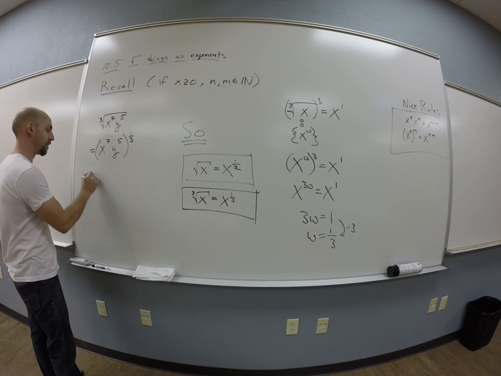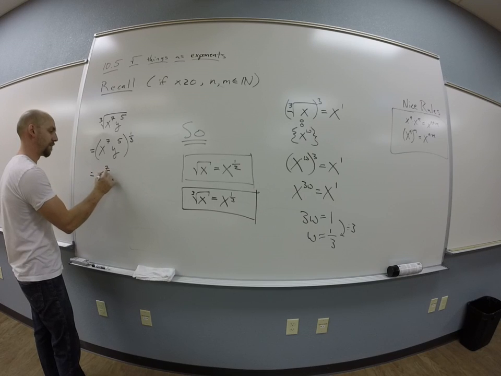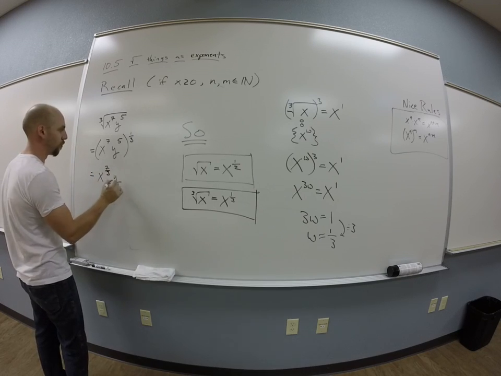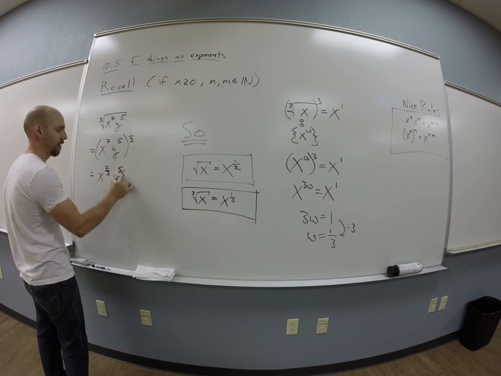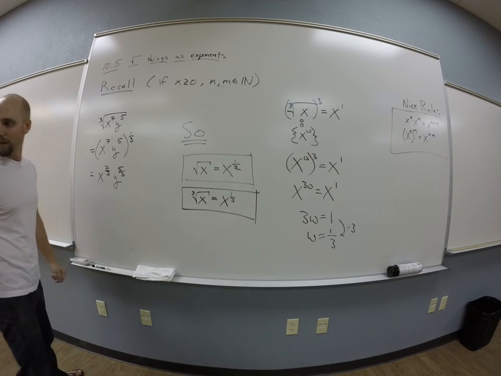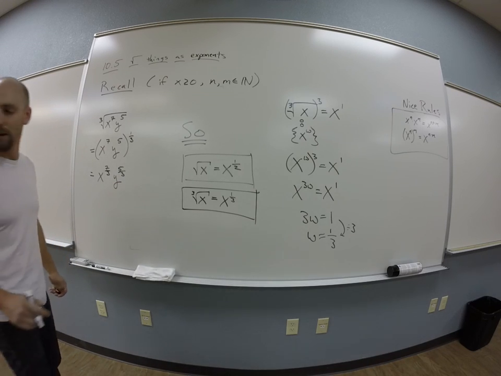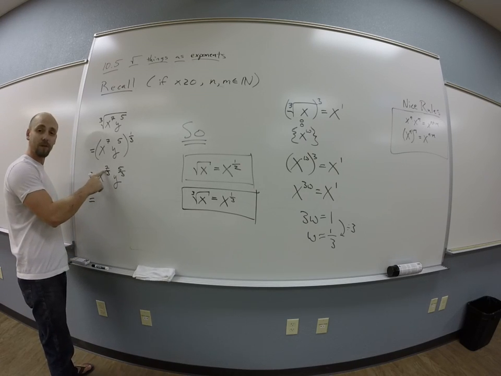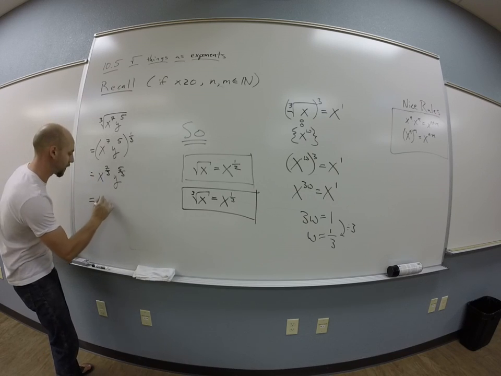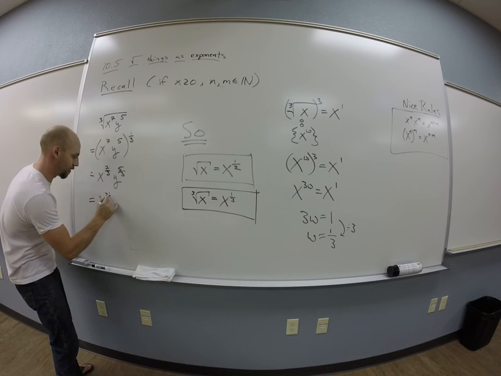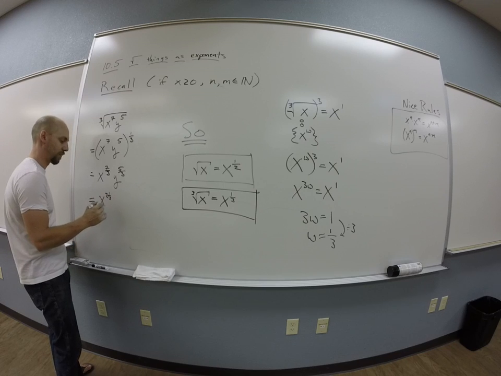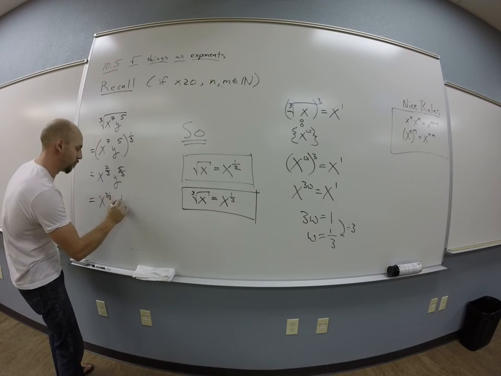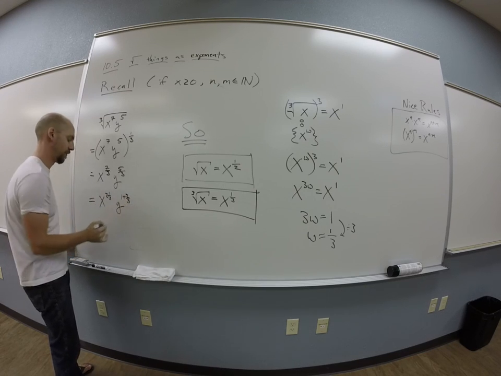And then we could say this is x to the 7/3 times y to the 5/3. And I know what x to the 7/3 is. 7/3 is 2 1/3. So that's x to the 2 1/3, right? 2 plus 1/3. And y to the 1 plus 2/3.